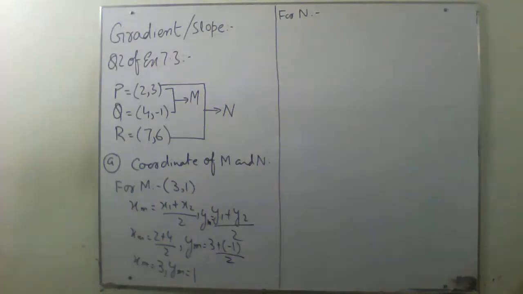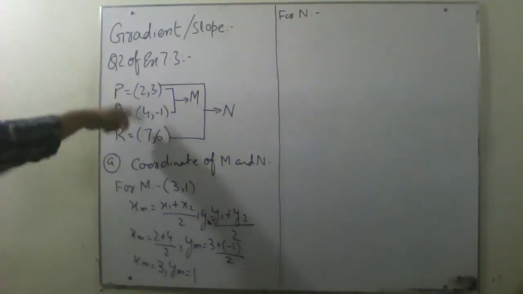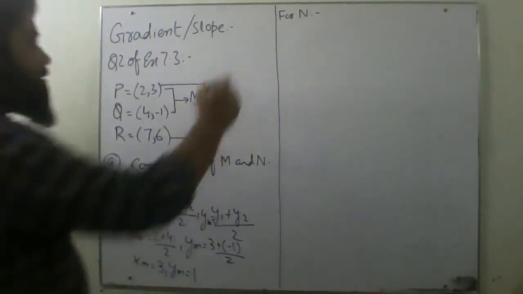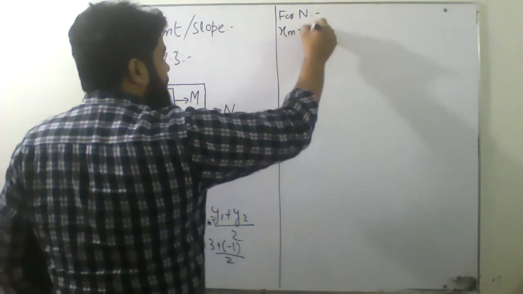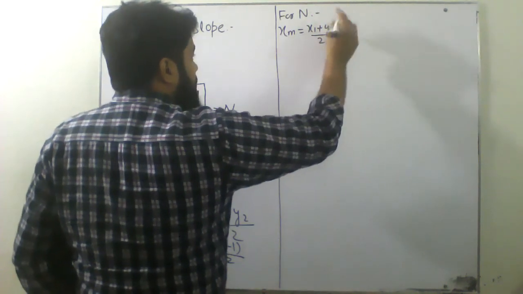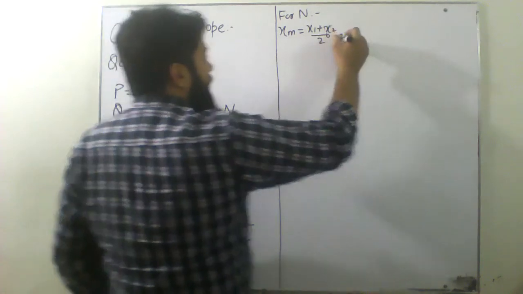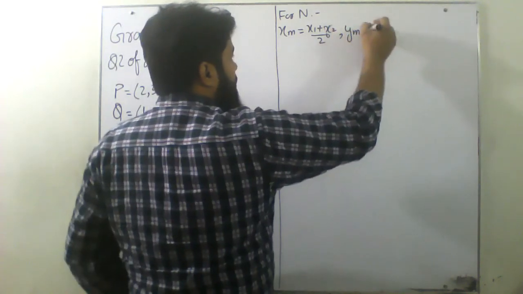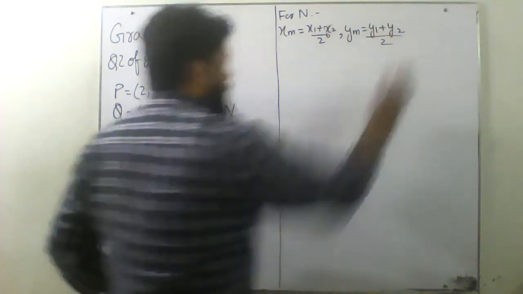N is the midpoint of P and R. So again, the x coordinate of the midpoint will be x1 plus x2 upon 2, and ym equals y1 plus y2 upon 2.